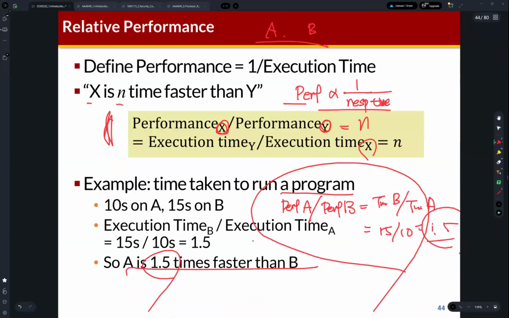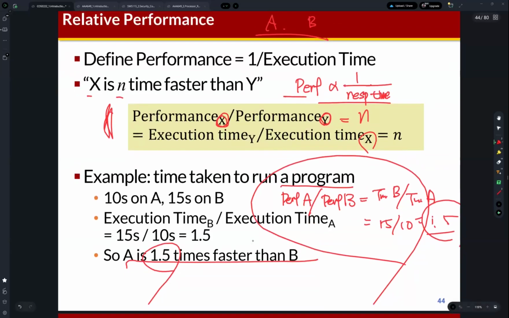In the first chapter, we learned about the latency or response time, which just compares the execution time of a task. You need to understand the definition.